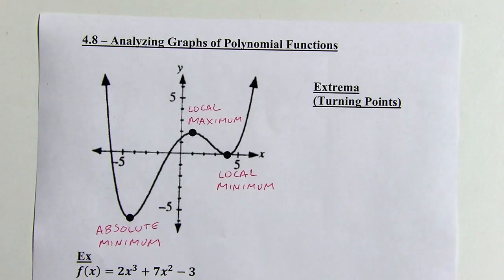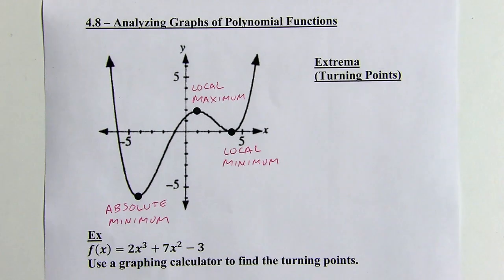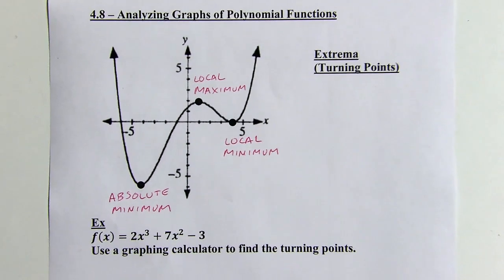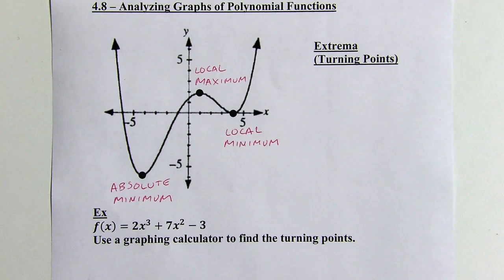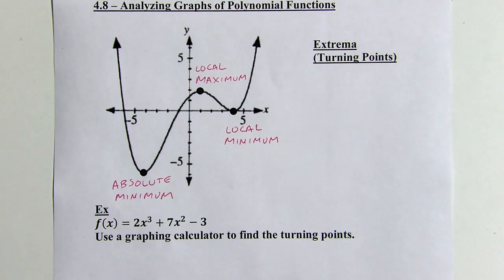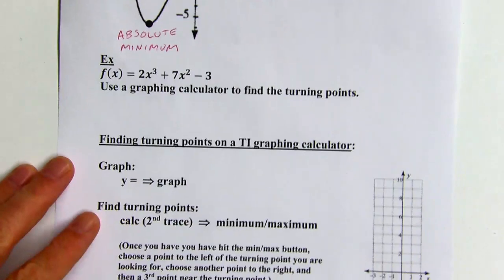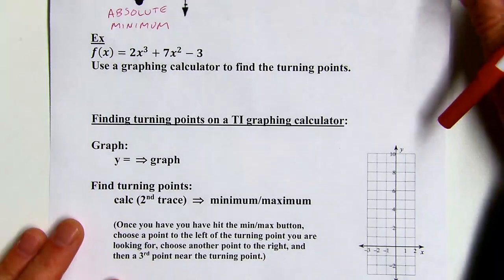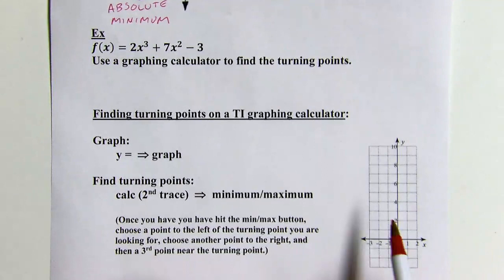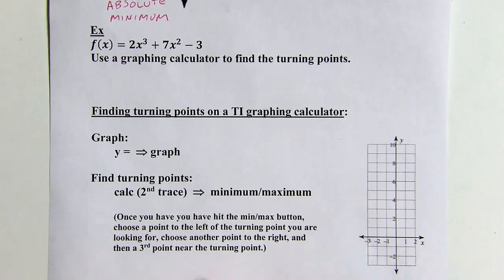All right, so to find those, there's a number of ways you can do it, but at this point, the only tool we have at our disposal is a graphing calculator. Okay, so I've got this example here. If I wanted to graph this, I could start making an XY table and start finding XY pairs and eventually make a graph.